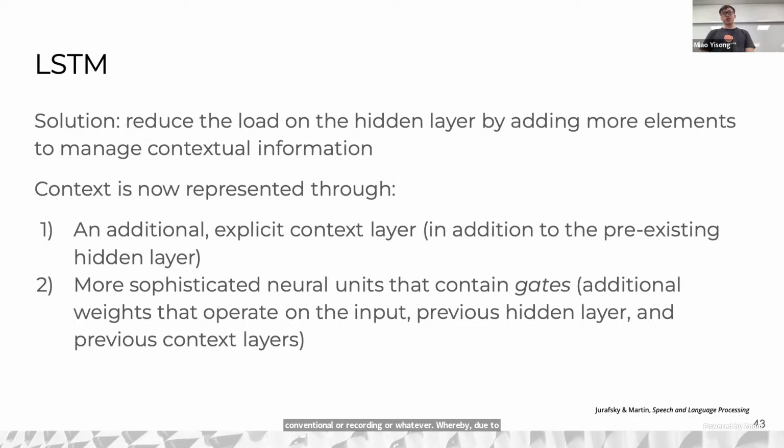So another solution is to reduce the load on the hidden layer by adding more elements to manage contextual information. So instead of one hidden layer, now you have one more explicit context layer. And you also have more sophisticated neural units that contain gates, so you update the model weights more efficiently.